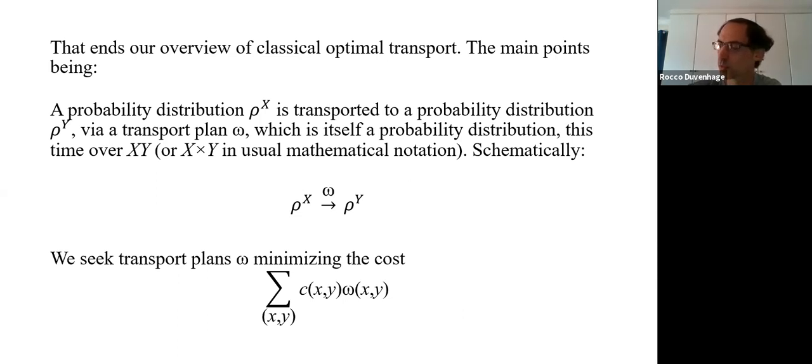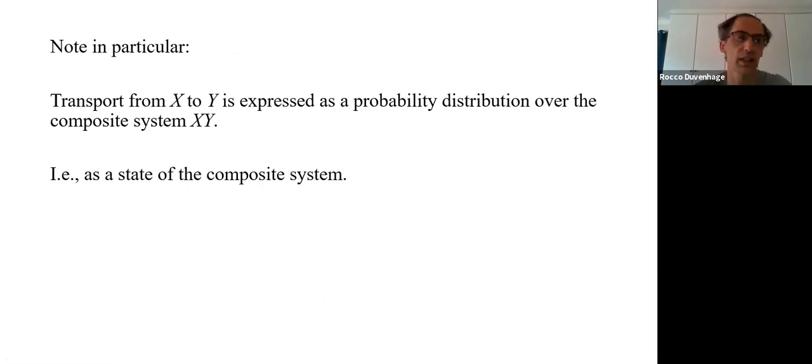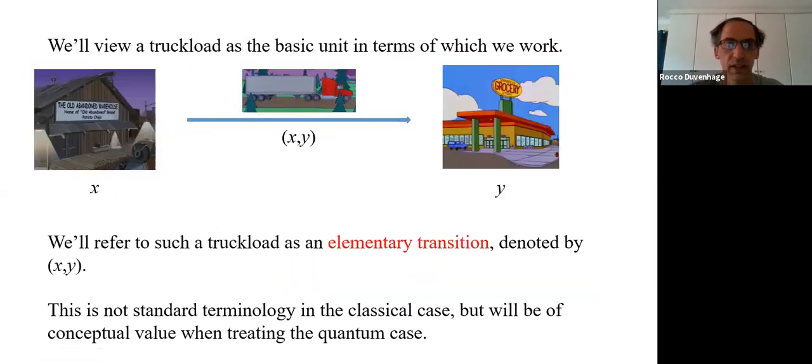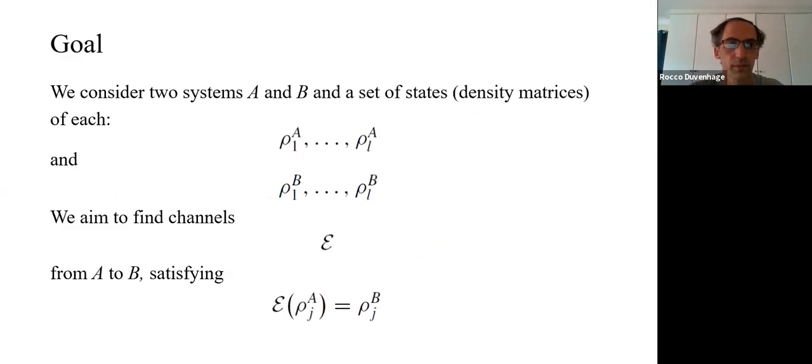Now, of course, what I did in the quantum case earlier is I had multiple distributions that I start off with and multiple distributions that I end up with. So I still have to generalize the classical case a little bit to correspond to what I described earlier. But you can think of this as the classical case of what I had here at the beginning, just for one initial state and one final state.